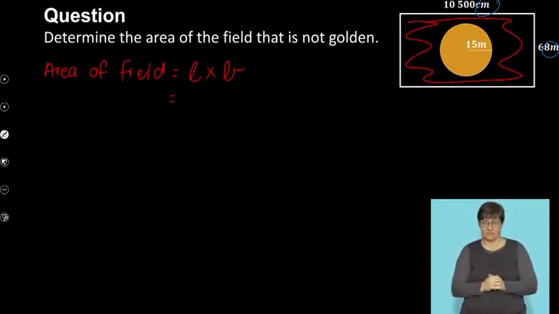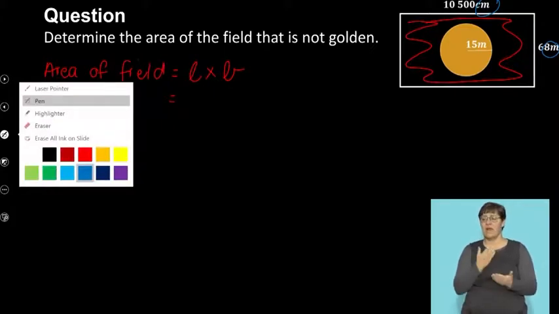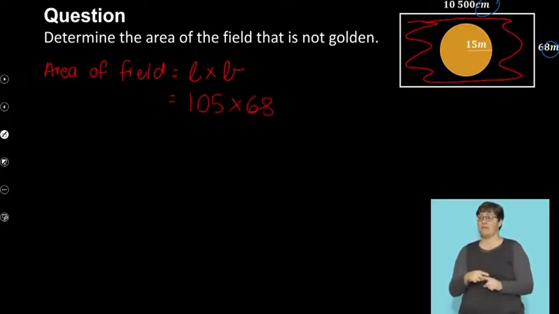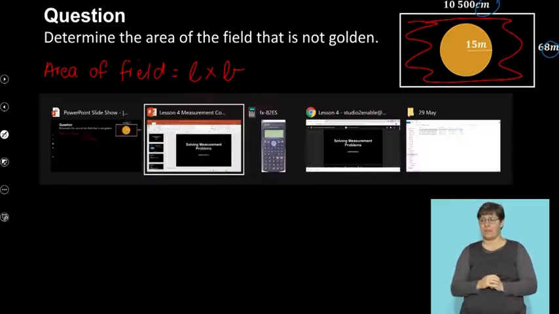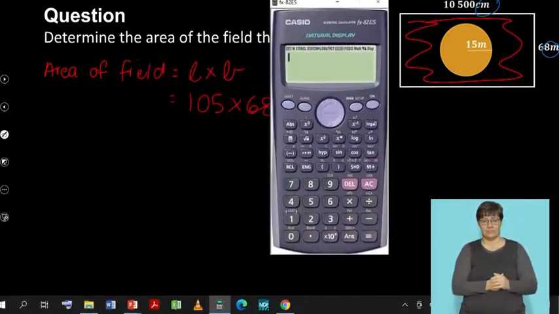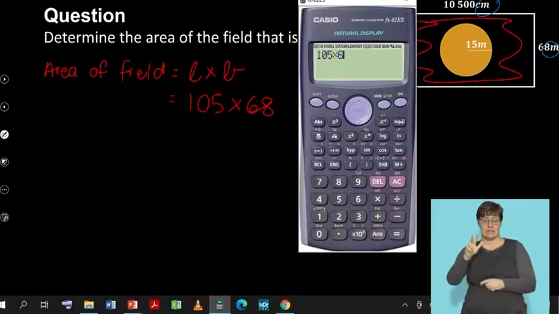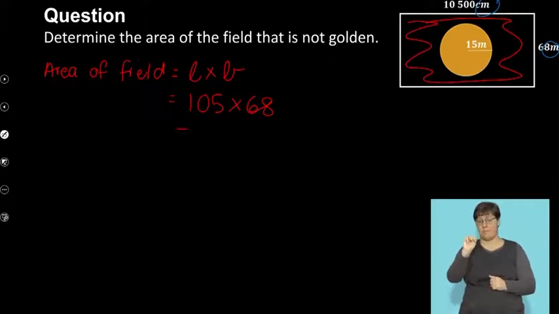So I can use that 105 meters in my calculation. So the area of the field will be 105 times 68. And if I get my calculator, 105 times 68 is going to give me 7,140.